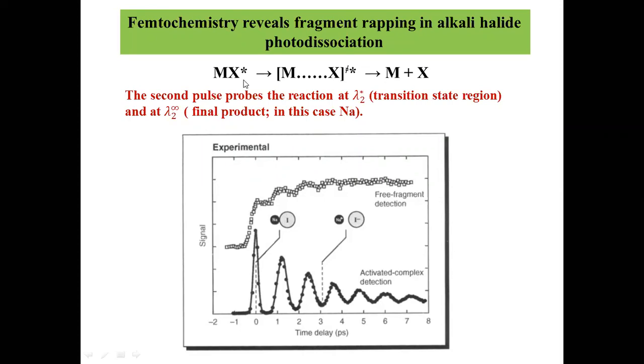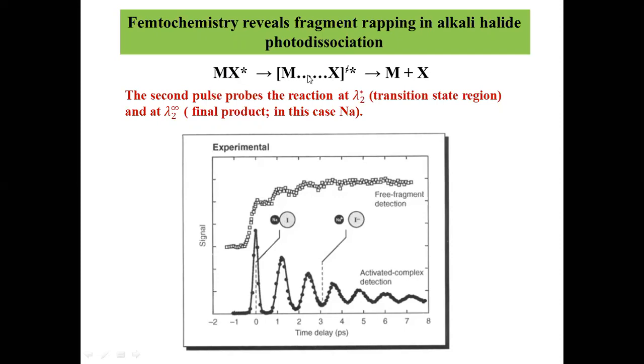Like if I take sodium iodide, initially sodium iodide will be in the ground state. With the pump laser, we are going to take it to the sodium iodide excited state, and you have to realize the ground state sodium iodide is going to be an ionic curve. I'll just discuss it, and the excited state will be covalent. So that is the excited state. Now when sodium and iodide are getting separated, but not completely separated, that is a kind of transition state.